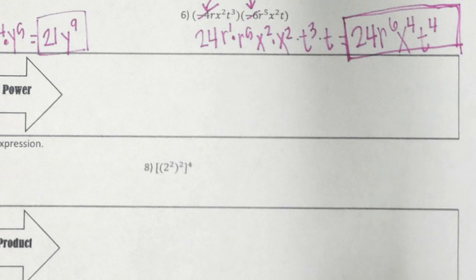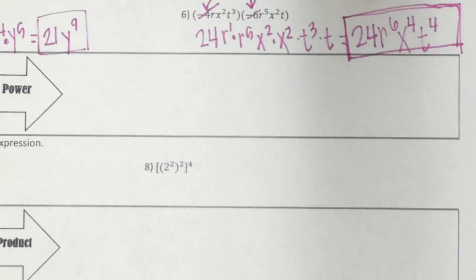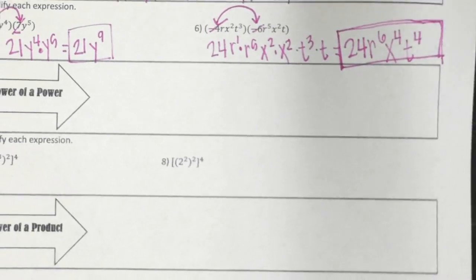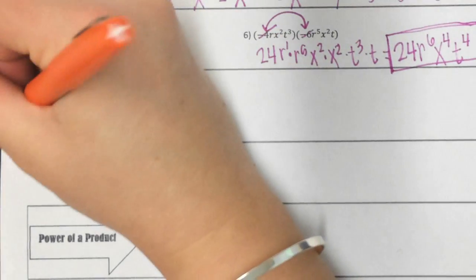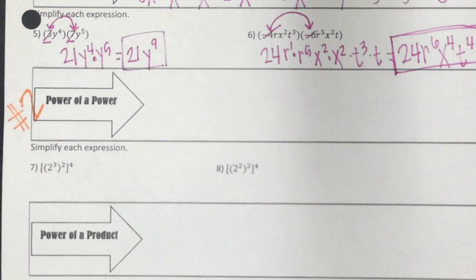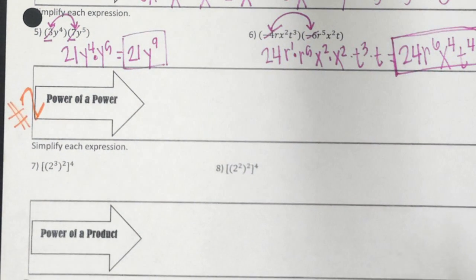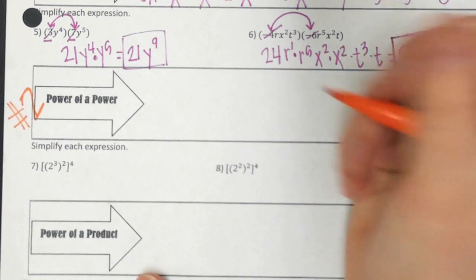Okay, here's our next property. Property number 2. What's it called? Power of a power. So here's number 2. Write this down and then we'll talk about it.